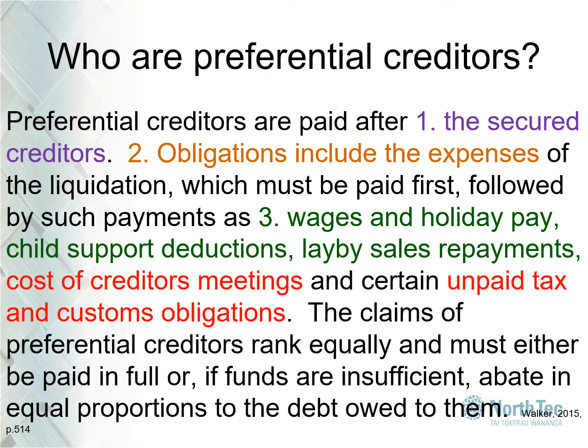The claims of preferential creditors rank equally and must either be paid in full or, if the funds are insufficient, abated in equal proportions to the debt owed to them.